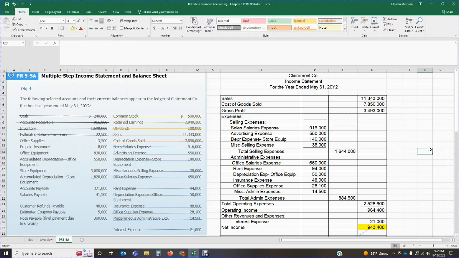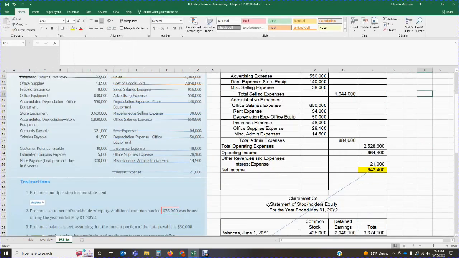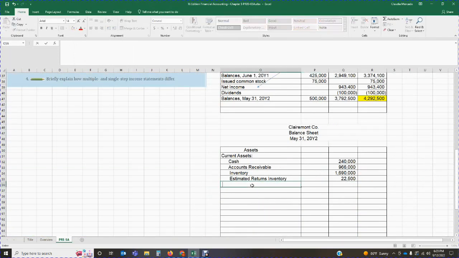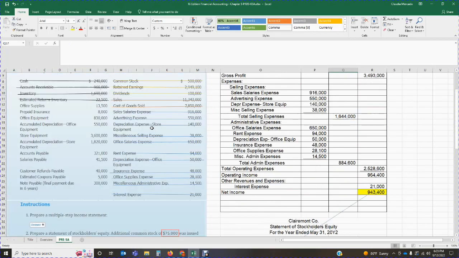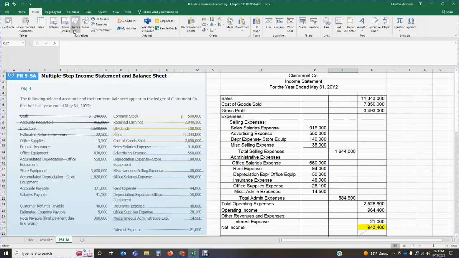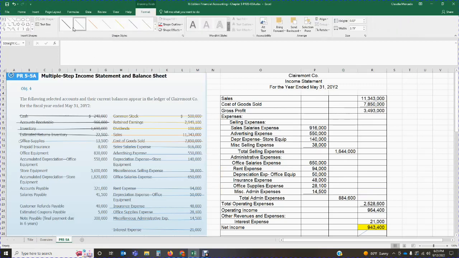Okay. Next we have office supplies. So we're bringing in all of our current assets. Office supplies, we've got $13,500 in office supplies. Right here we have office supplies.